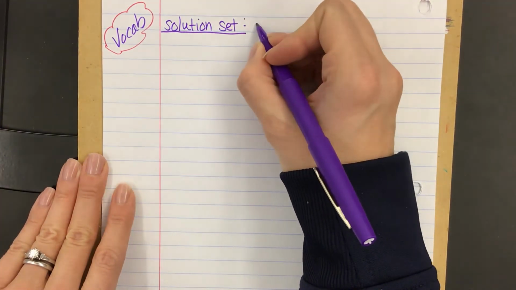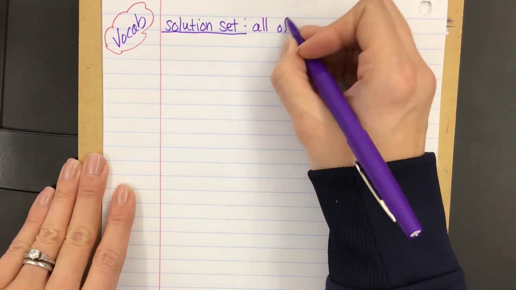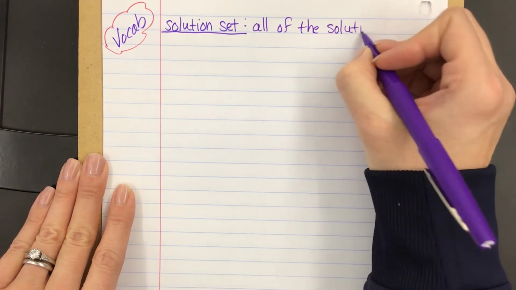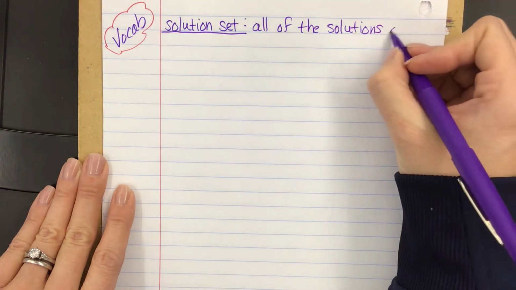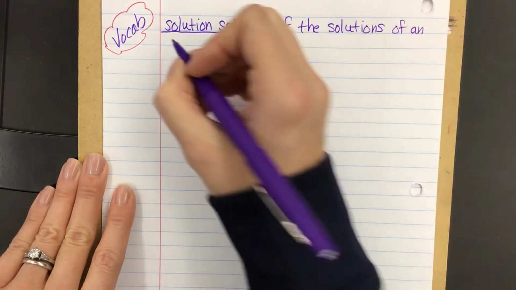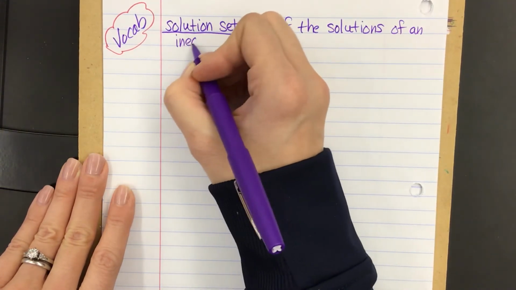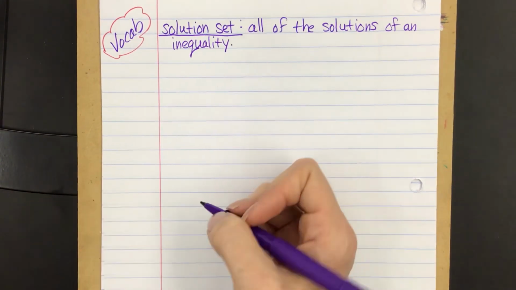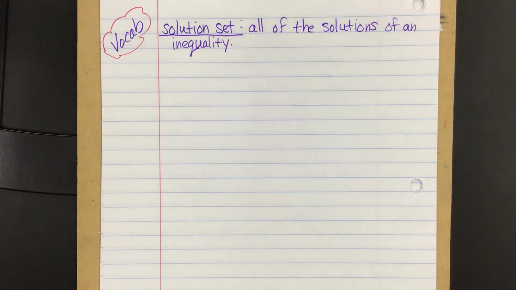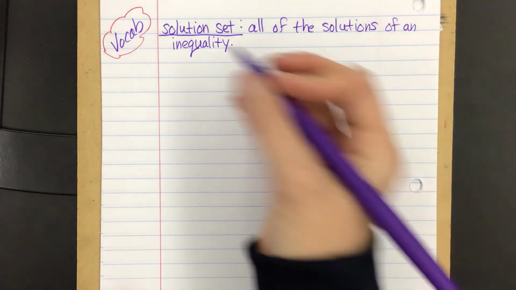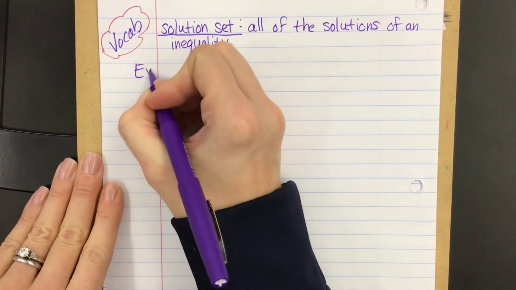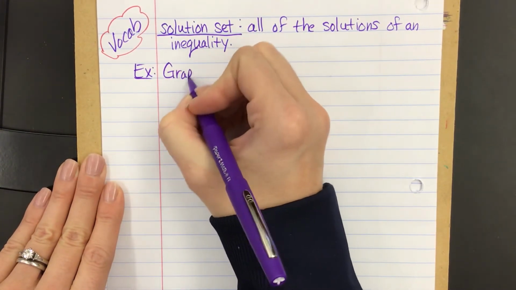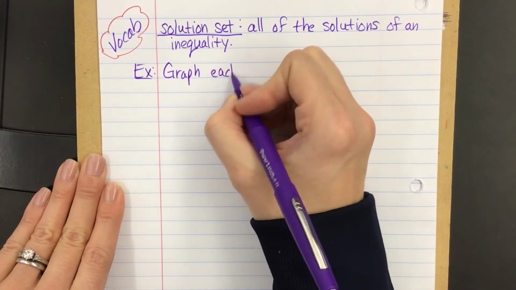So a solution set is all of the solutions of an inequality. So let me put an example up and we're going to graph each inequality.